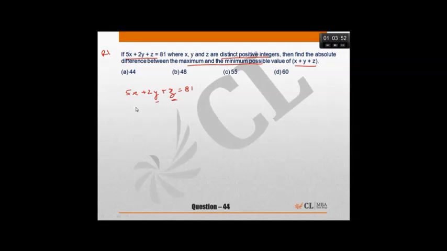So x is 1, the minimum value for y will be 2, so 5 plus 4 is 9, and z will be 81 minus 9, 72. So the maximum value of x plus y plus z is 72, 74, 75.